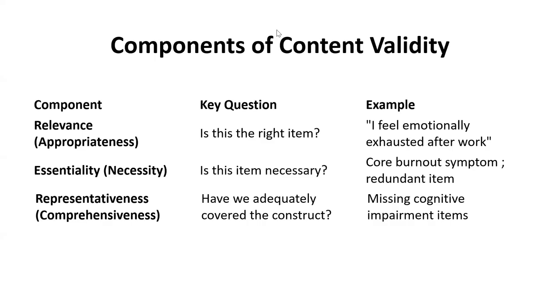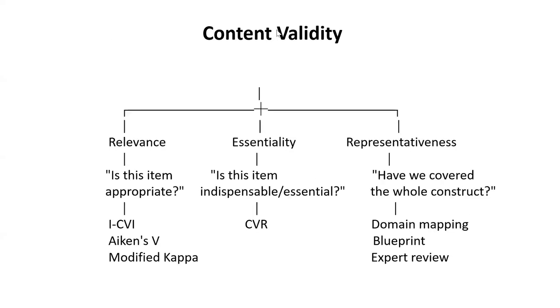So if you are able to prove that the questions are relevant, that they are necessary, and that they all represent all the domains of the construct properly, then you can say that you have proved content validity for your tool. So when you're looking at content validity, you're looking at relevance, essentiality, and representativeness.